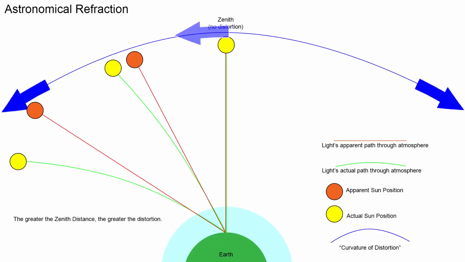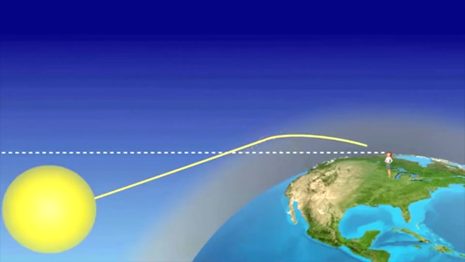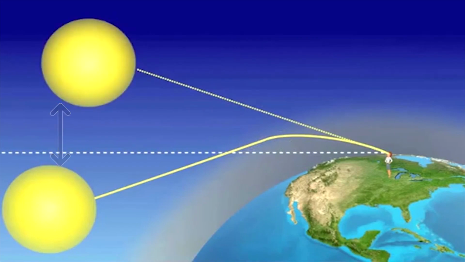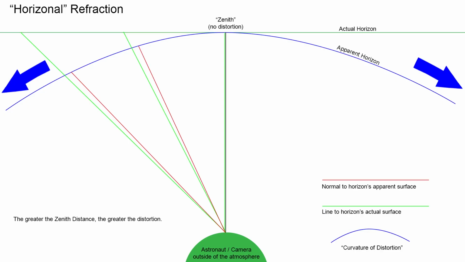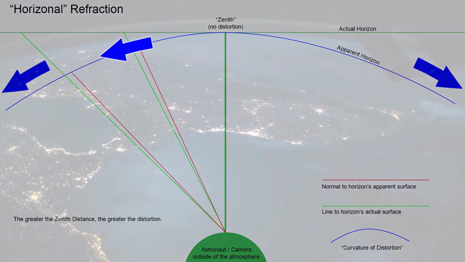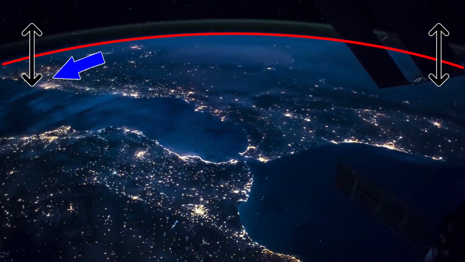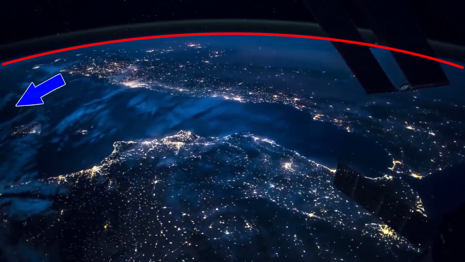In astronomical refraction, the further a celestial object is located away from your zenith, the more its apparent altitude becomes distorted from its true location. Likewise, in horizontal refraction, the further a point on the horizon is located from your zenith, the more its apparent altitude becomes distorted from its true location.